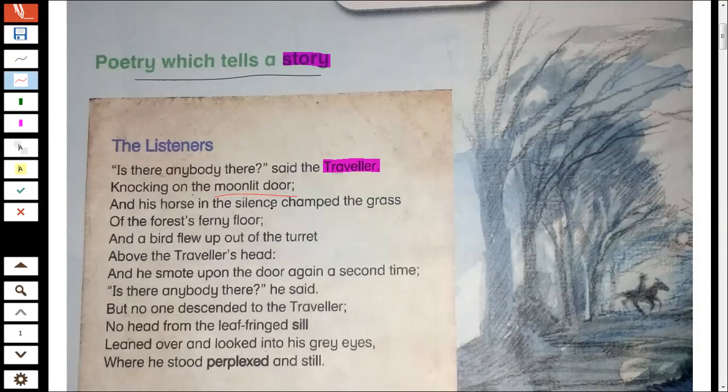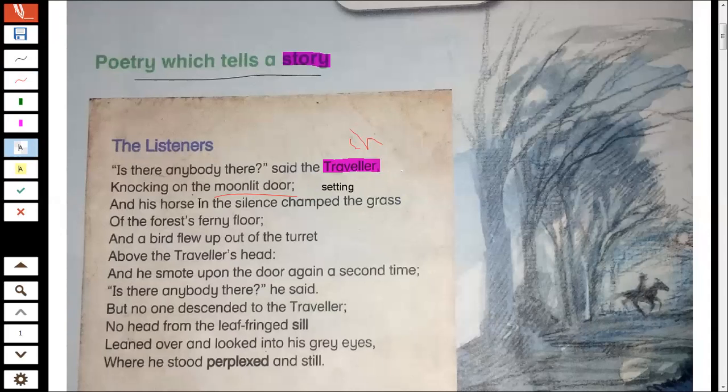So I had now a character, and I do have what else? A setting. That's right. So that's really an important part of what? Yes, a story. Great.